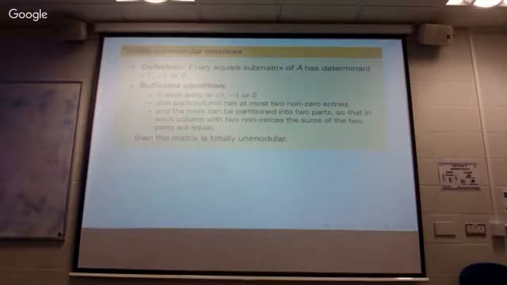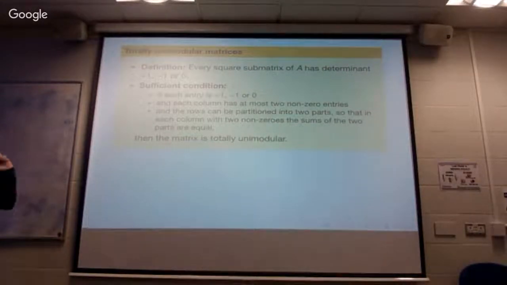So that's a lot of text. Get a matrix. You get any matrix, and then you take a square submatrix. So you select some columns and you select some rows, and you take the determinant of that.